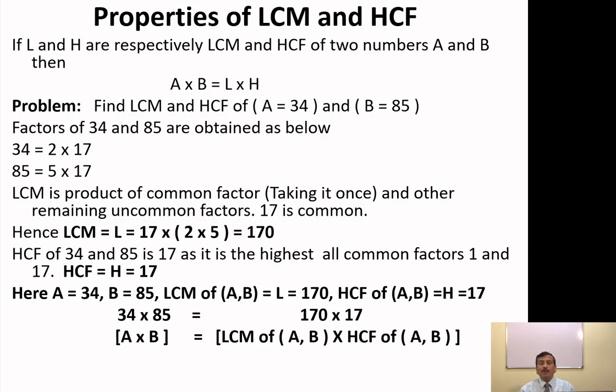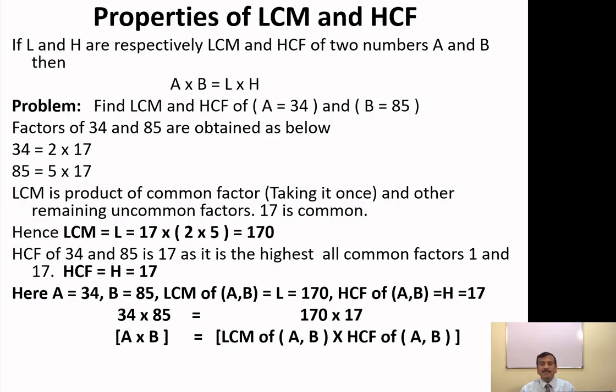LCM is the product of the common factor taken once and all other uncommon factors. Here the common factor is 17, so we take 17 once, multiplied by, in brackets, the product of uncommon factors 2 into 5. So our LCM is 170. While HCF is the highest common factor.